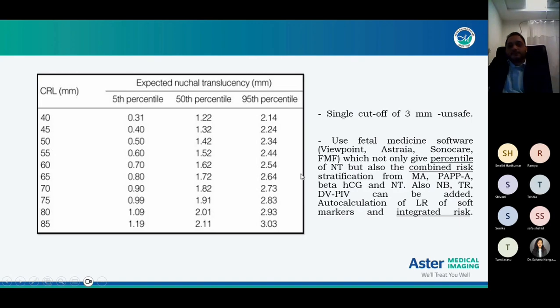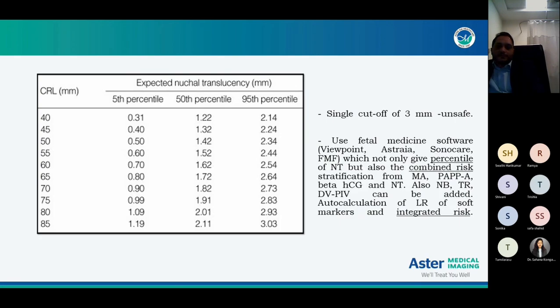The other way is to use the fetal medicine software such as Viewpoint, Astraia, Sonocare, FMF software. These give you the percentile of the NT, but also give you a complete risk stratification by combining the maternal age, PAPP-A, beta hCG and NT together. Other sonological markers like nasal bone and DV PIV can also be added to the software to get a more comprehensive risk assessment, along with the likelihood ratios of soft markers.